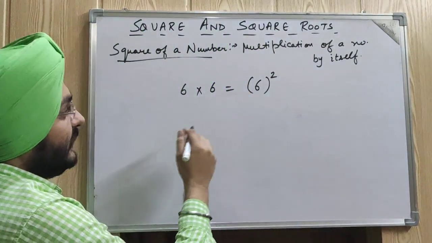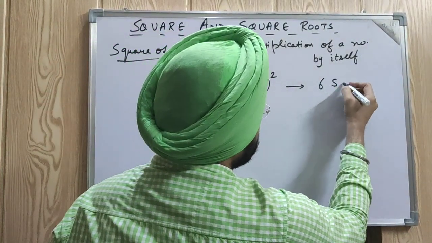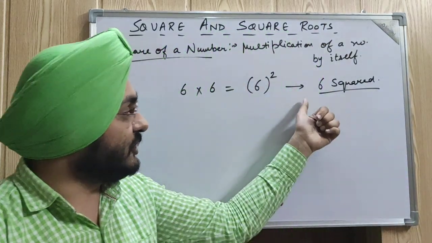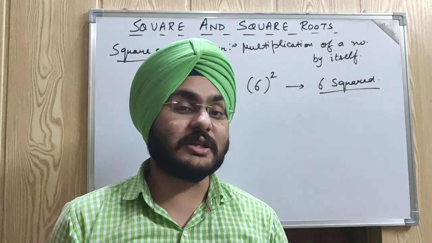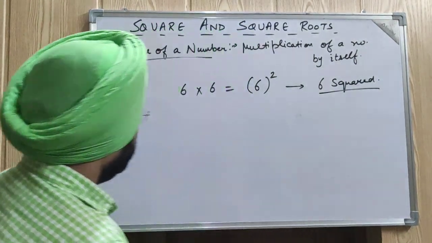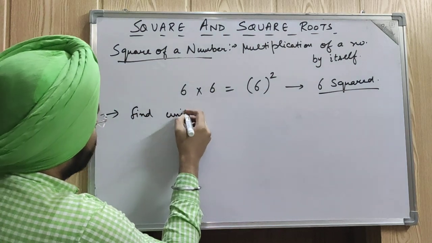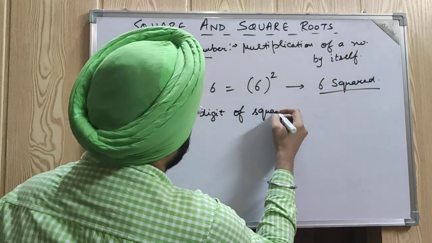I will pronounce this as 6 squared. On solving, you know what the answer is. 6 into 6 will be 36.